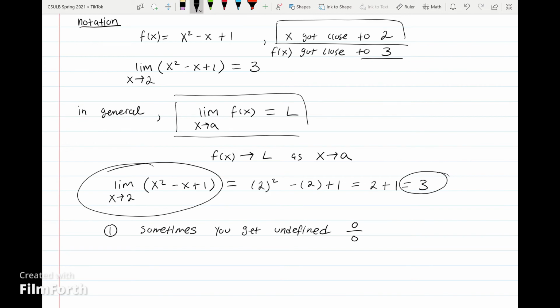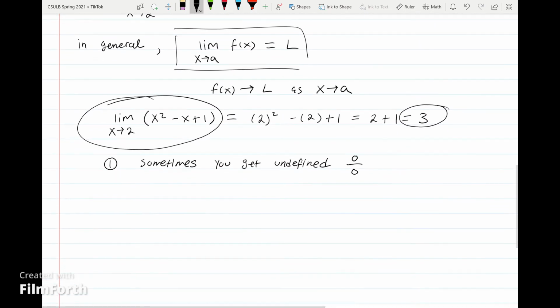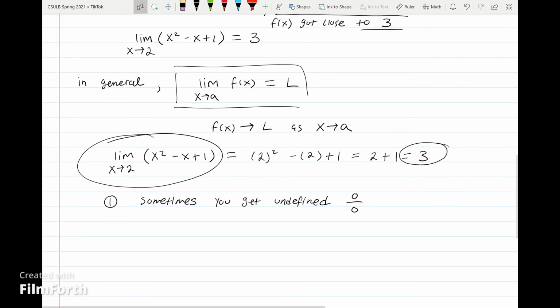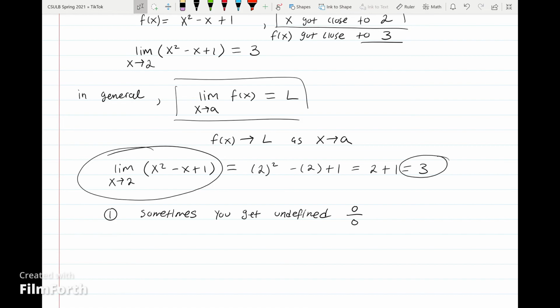Isn't that cool? You can't divide by 0, that's undefined, but with limits, when you divide by 0, that's actually something. So we'll look at that in a second. So always try to just plug in this value into your function. If you do that and a number comes out, then you're done. That's what the limit equals.